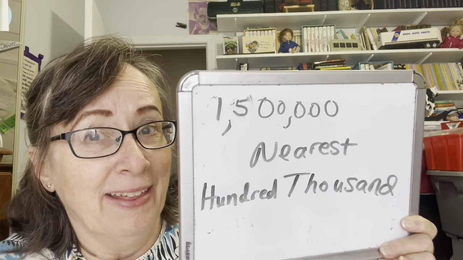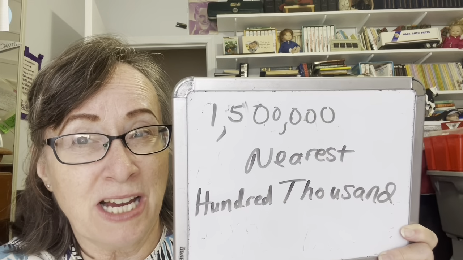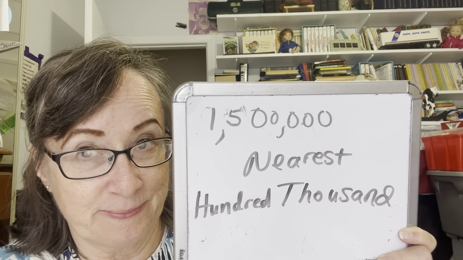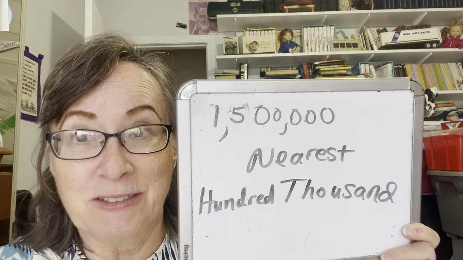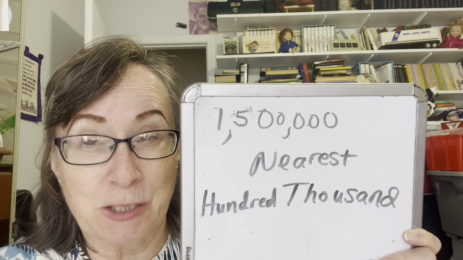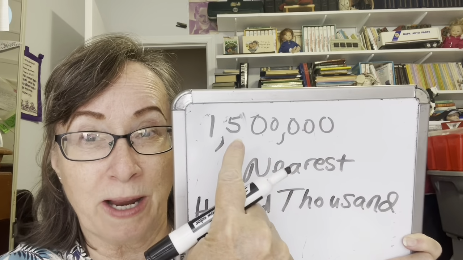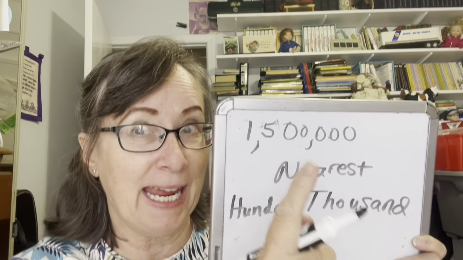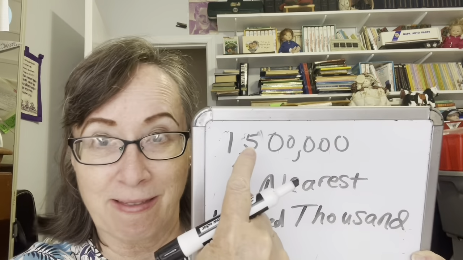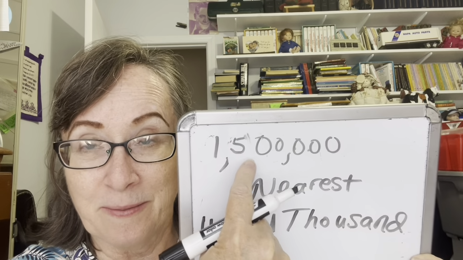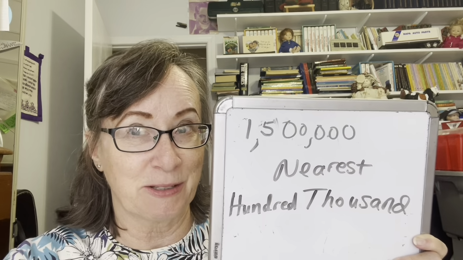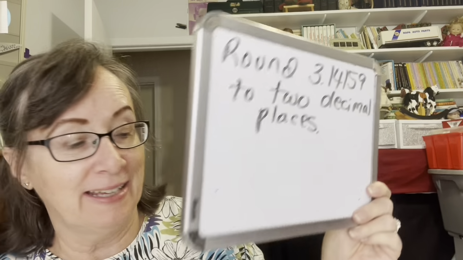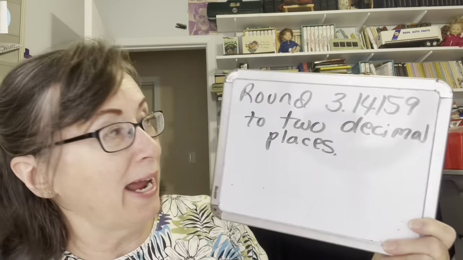And that is 1,500,000. And we did that one correctly because we went to the number we're looking to round to, we looked at the number after it. Since it was an 8, we said, I've got to make this number go up and then replace with zeros. Pretty cool, huh?